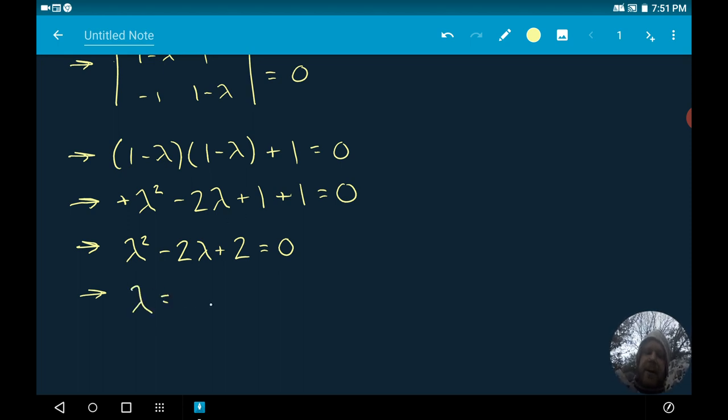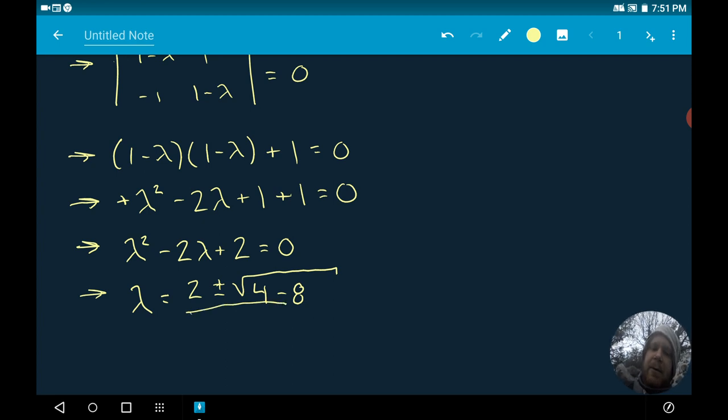Here, I'm going to get that lambda is equal to negative b plus or minus square root, so on and so forth. So this time I get negative b, which is 2, plus or minus square root of b squared, so 4 minus 4ac. That's not right, so it's minus 8. B squared minus 4ac, divided all by 2a, which is 2.